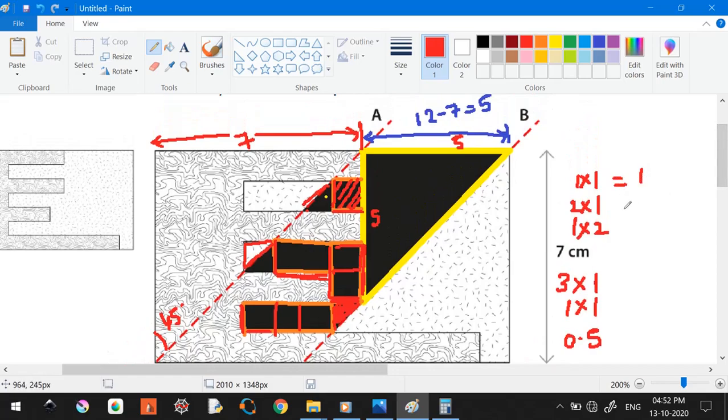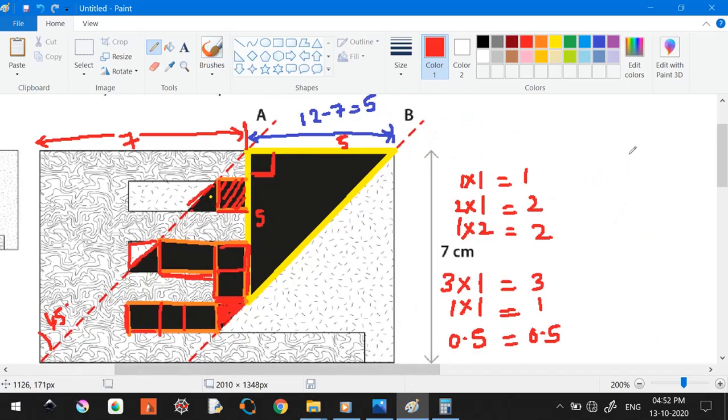So we have 1, 2 ones 2, 3 ones 3, 1 ones 1, this is 0.5, and we are left with this bigger triangle. This is 90 degrees, as is clear. Instead of identifying all this, let me rotate like before. Okay, the 5 here, let me take a different color.